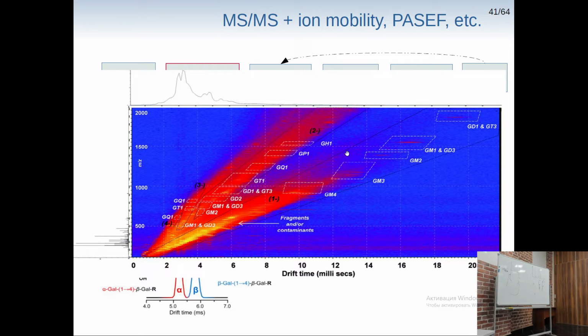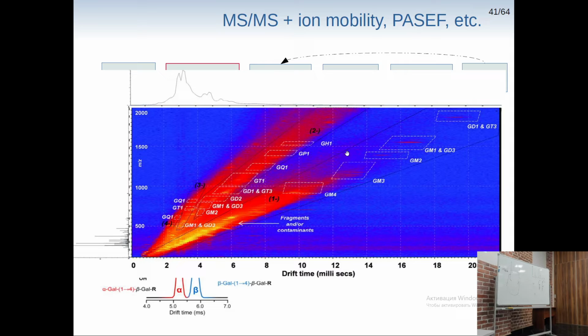Unfortunately, only one manufacturer can provide this kind of equipment because they patented this idea, which is quite simple and was actually done more than half a century ago. But still, they have a patent. Bruker is now the only provider of such technology with this kind of ion mobility.